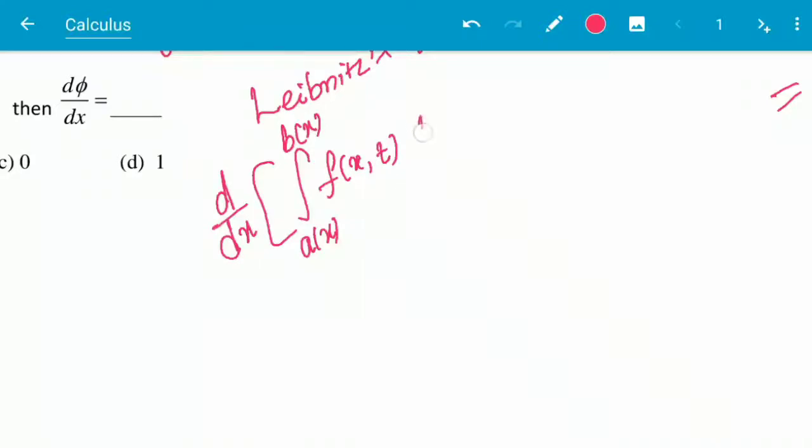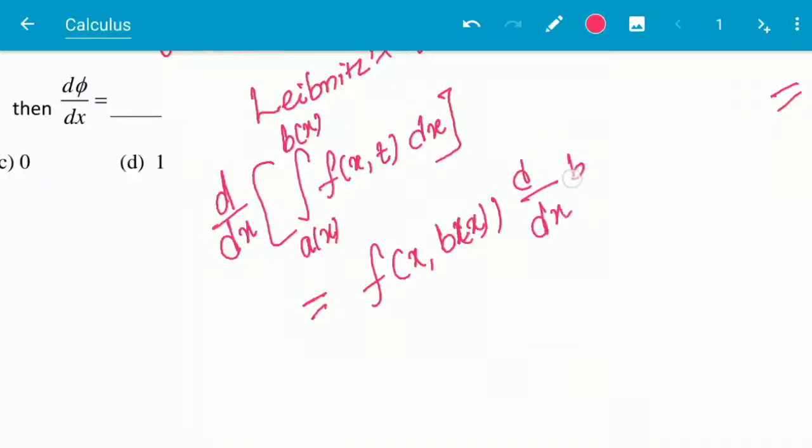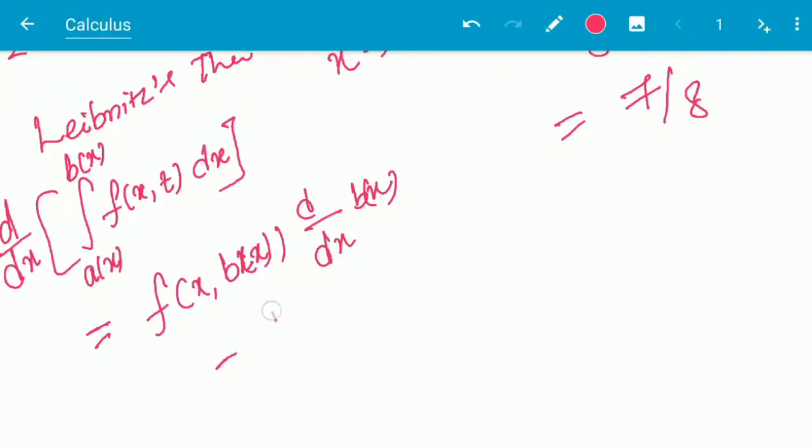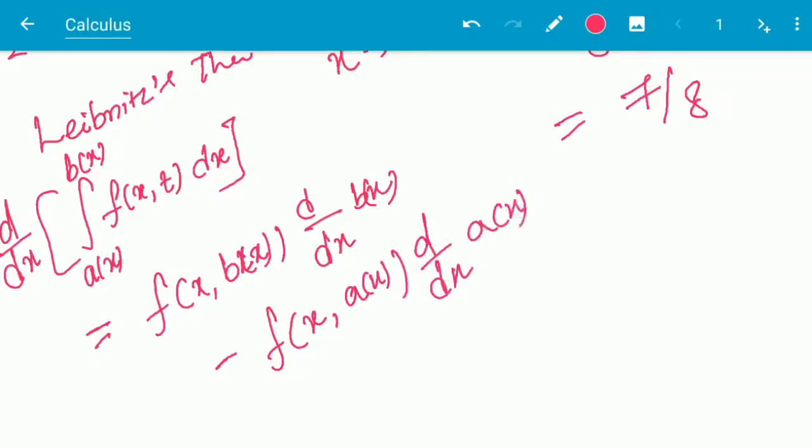This function may also contain x. The result is f of x, with b of x in place of t, times d by dx of b of x, minus f of x with a of x in place of t, times d by dx of a of x, plus the partial derivative term.